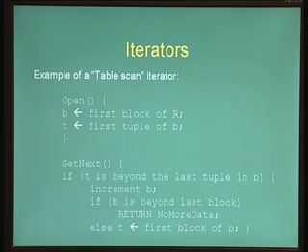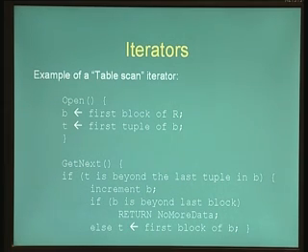And if b is beyond the last block in the file, then you return no more data, that is, it has exhausted the record or the file. Or else, the else condition here states that t is beyond the last tuple in b, but b is not beyond the last block in the file.